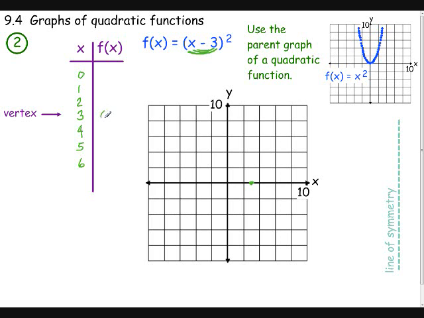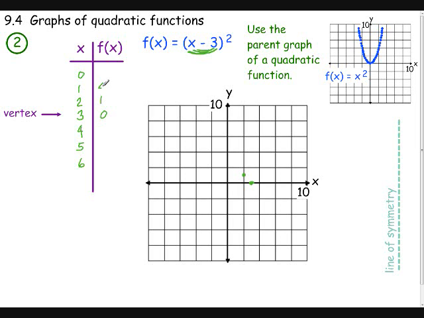Three in, 0 out. If I put a 2 in, what happens here? I have a -1 and I square it. I get a 1 out, right? So if I put 2 in, I get a 1 out. If I put a 1 in, then I'll have 1 minus 3, or -2 squared.